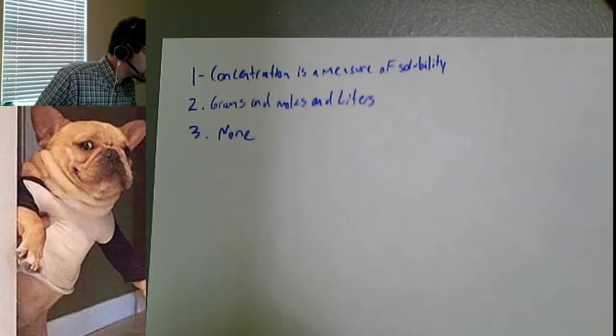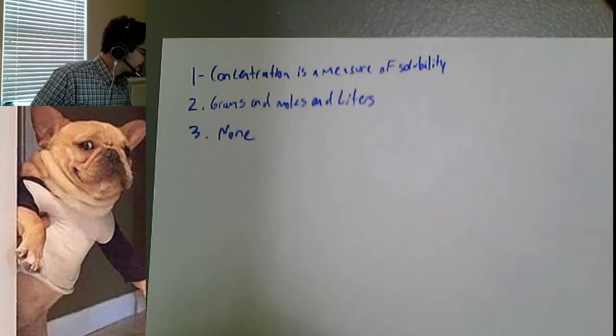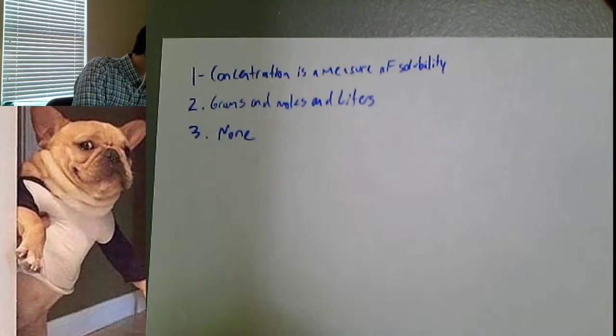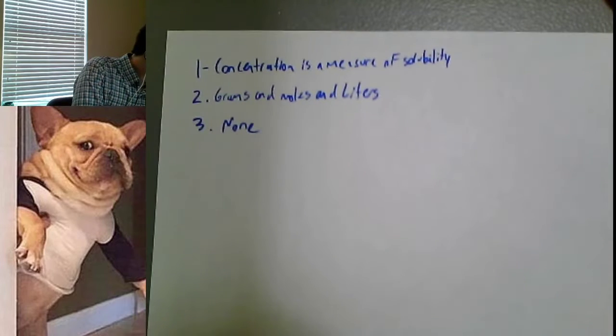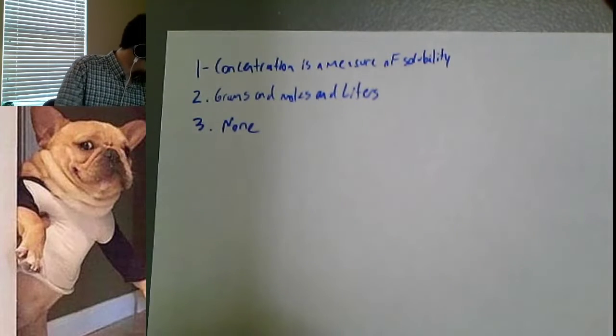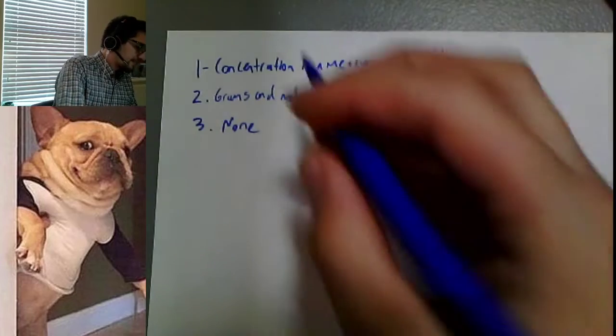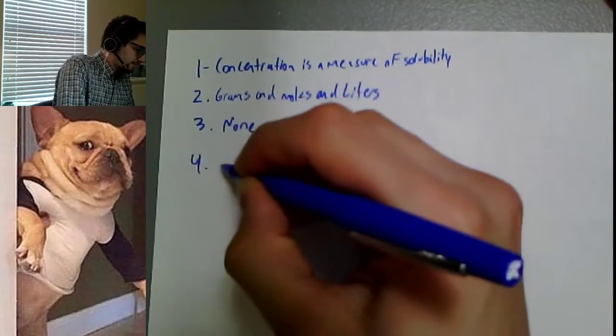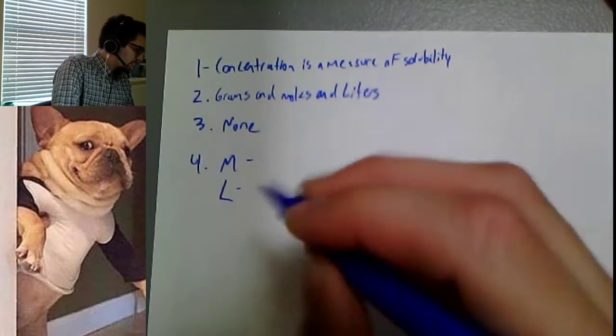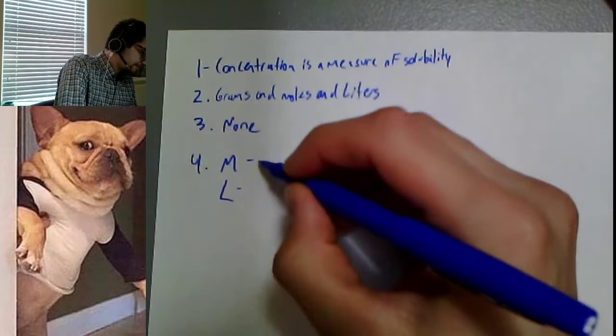Question number 4. What is the most common measure of concentration in scientific studies, and what is the least common? So this was actually directly in the text for each section. If you read through it, then you would have found this. But basically, the most common is molarity.